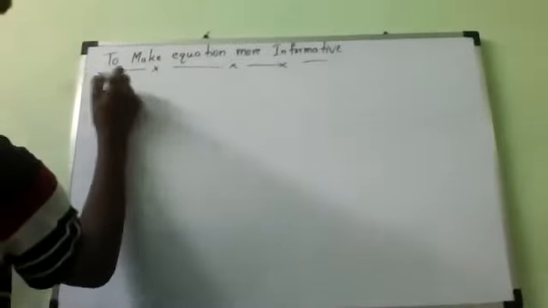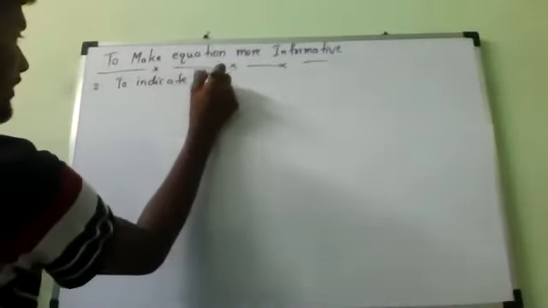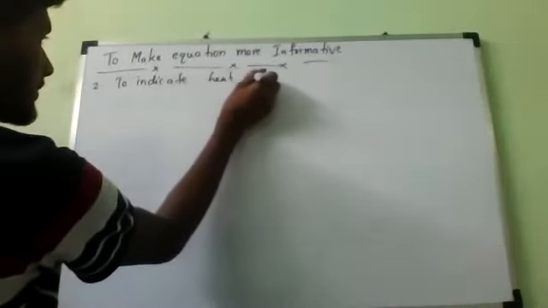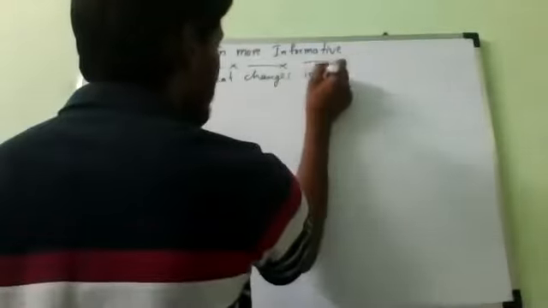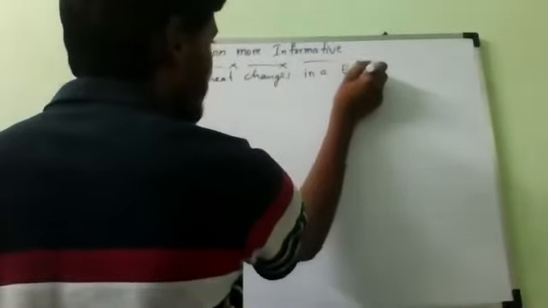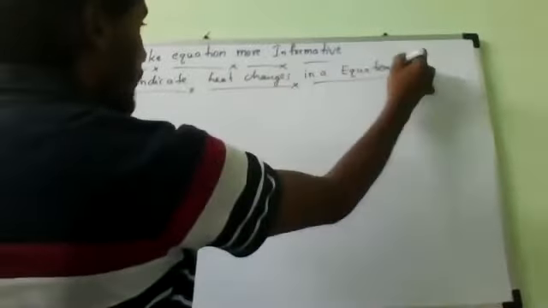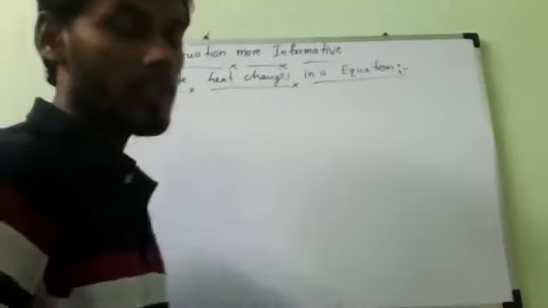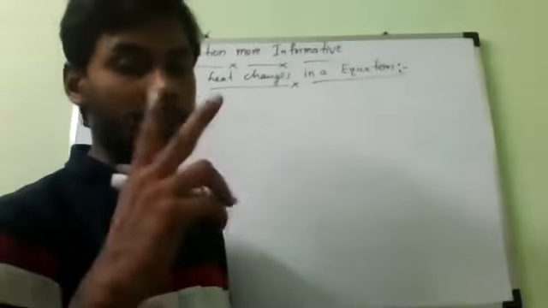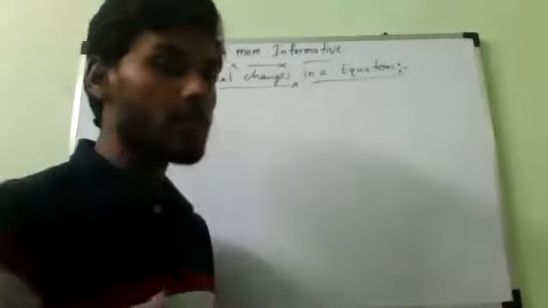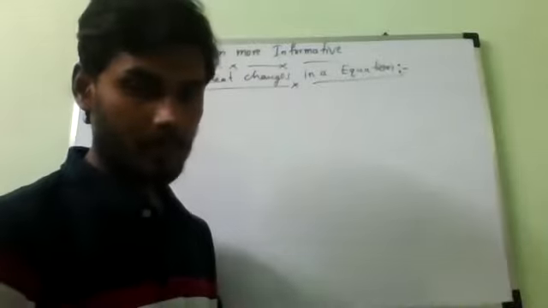Write it down. The second method is to indicate heat changes in an equation. If you observe this, what are the two things that will take place? Reactions are always of two types. Either heat will be absorbed or heat will be released.